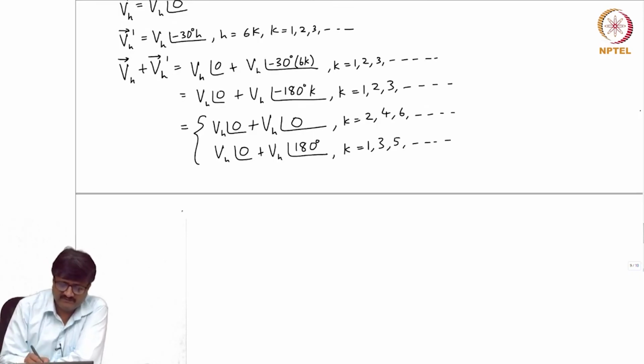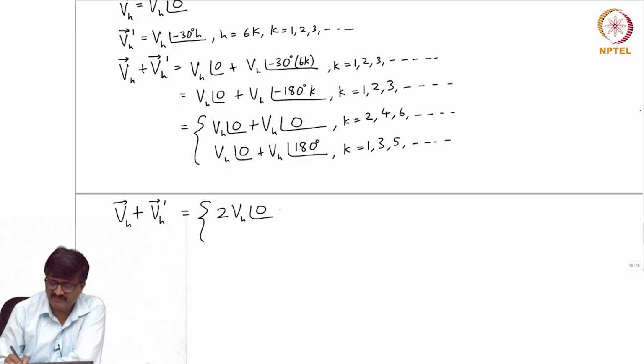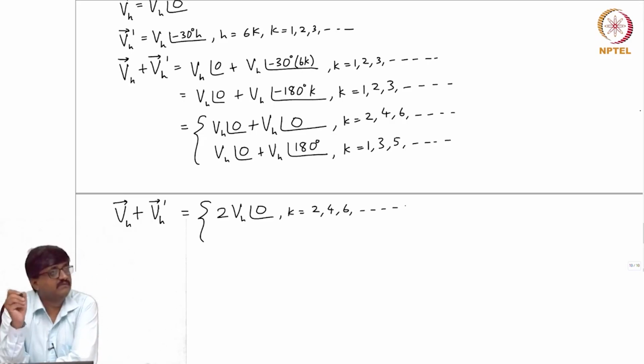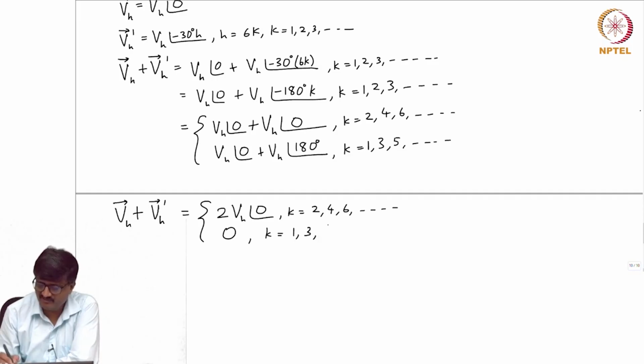So, finally, this simplifies to 2 VH at an angle 0. What I am writing here is the expression for VH plus VH prime. It is 2 VH at an angle 0 when k is 2, 4, 6, and whenever k is odd, the sum of these two voltages is 0.